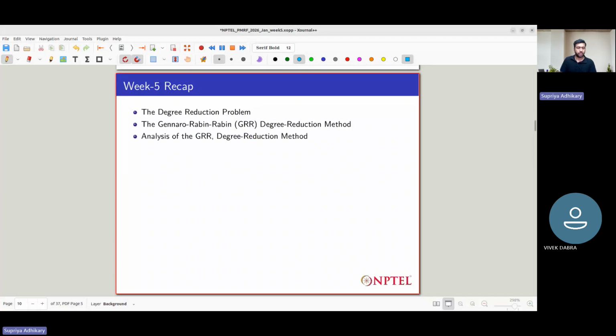We have also seen the analysis of the GRR protocol, meaning that we have seen that the privacy condition holds in the GRR degree reduction protocol. And then we have seen how this GRR protocol can be used for shared circuit evaluation. We have seen the pre-processing model for the GRR protocol.